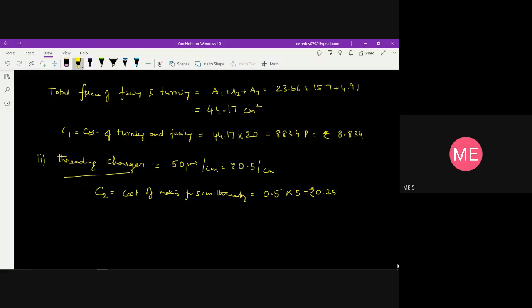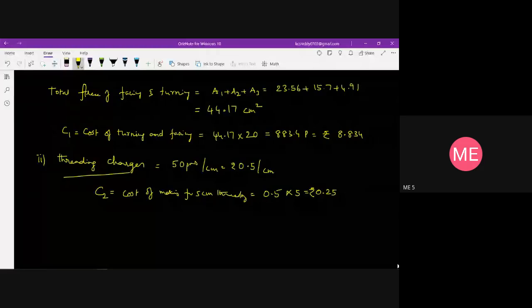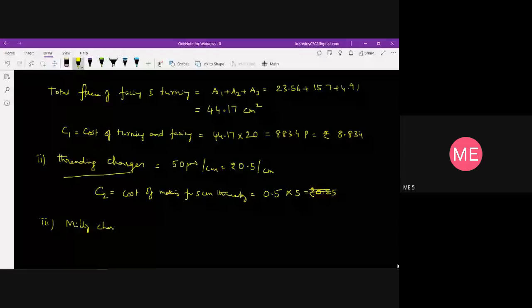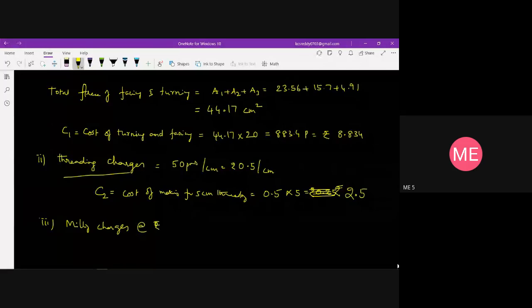So now milling charges. Sorry, 2.5 here. It is 2.5 rupees. Milling charges is 40 paise, so I'll be taking 0.4 per square centimeter area.